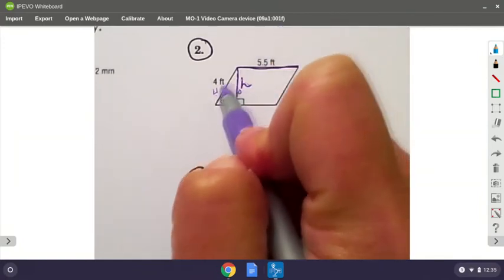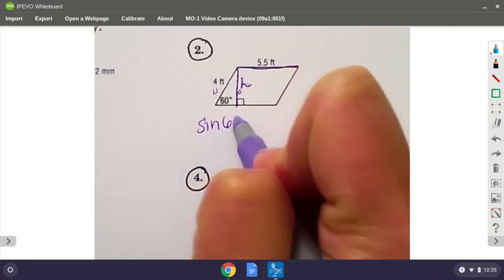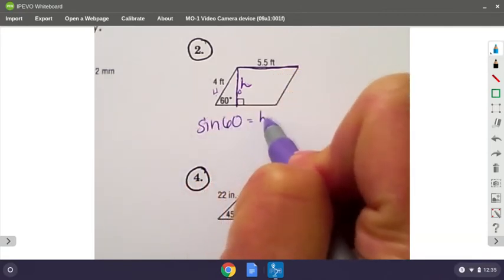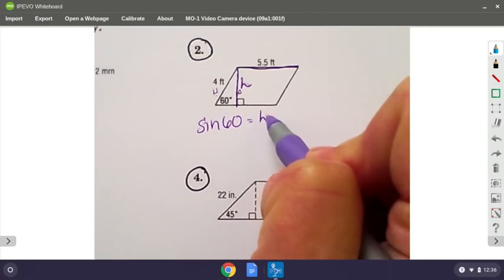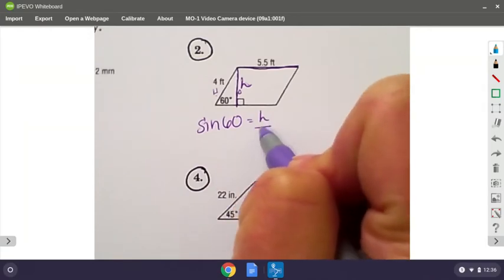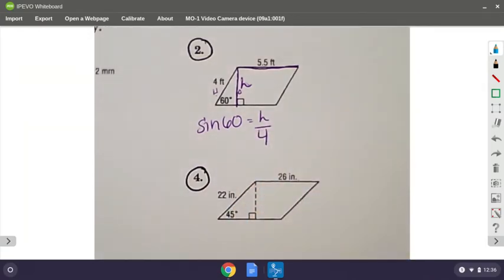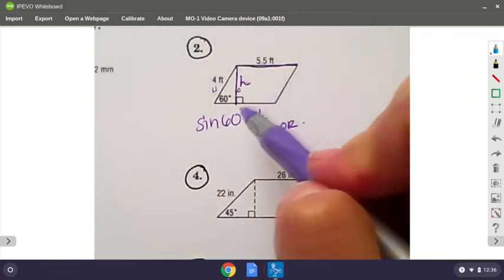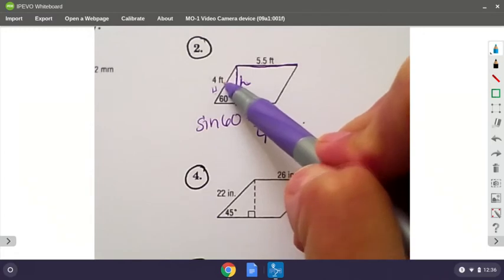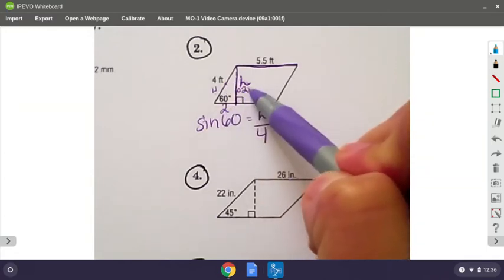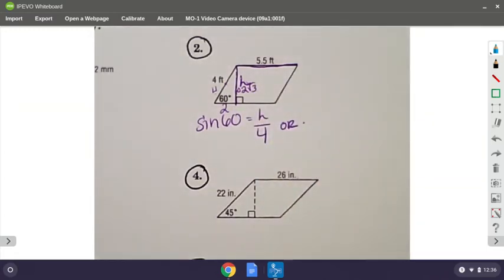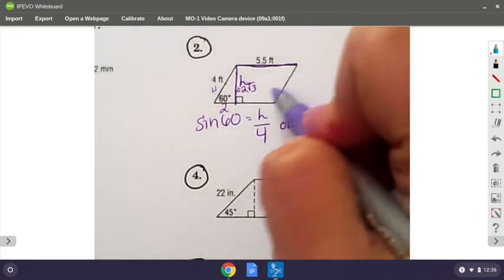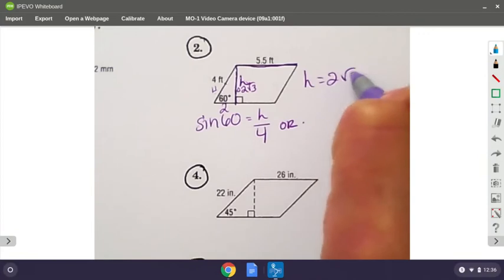So you could do sine of 60 equals h, which is standing for height right now. I should have just used x so it's not confusing, over the hypotenuse, which is 4, and then you would solve. Or you could think about special right triangle rules where this is the hypotenuse, so this is 2 and this is 2 radical 3. It doesn't really matter, but then you would just multiply. So the height is 2 radical 3.